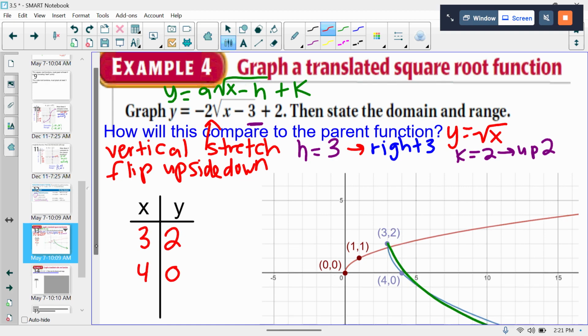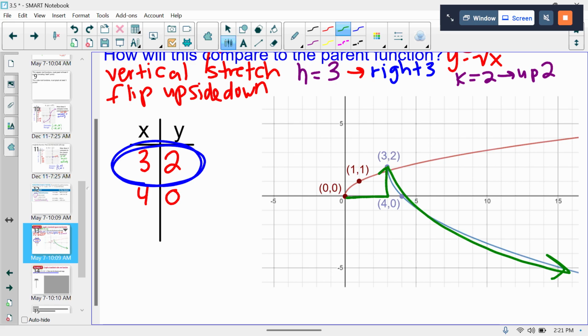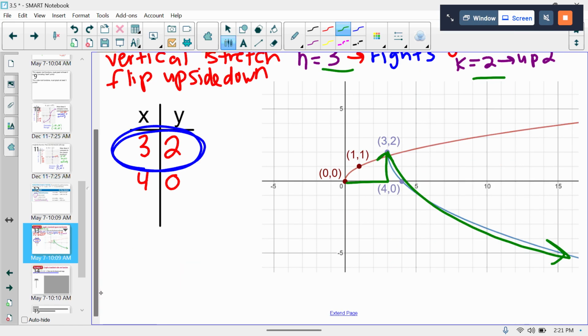Now, again, guys, I really want to stress to you, we should technically be able to find this point right here without our fancy calculator, because we need to understand that it just took 0, 0 and moved it to the right 3 and up 2 because h is 3 and k is 2, okay?